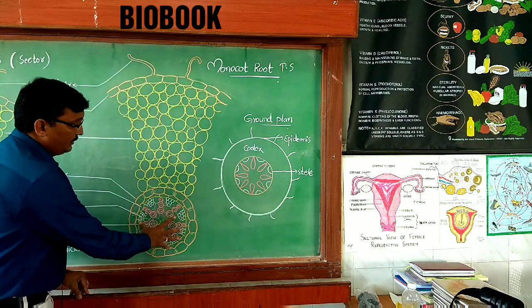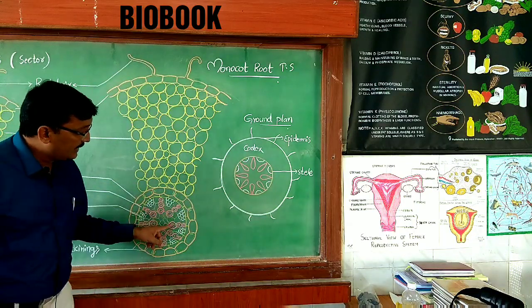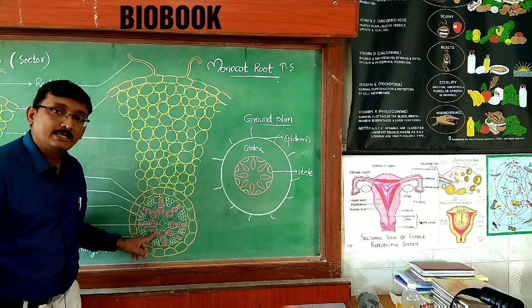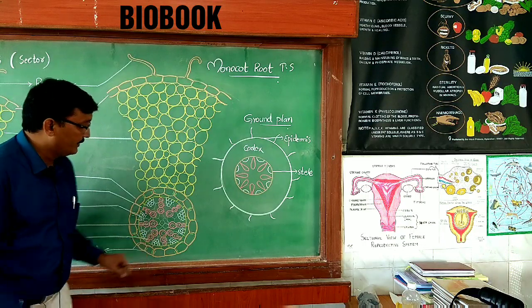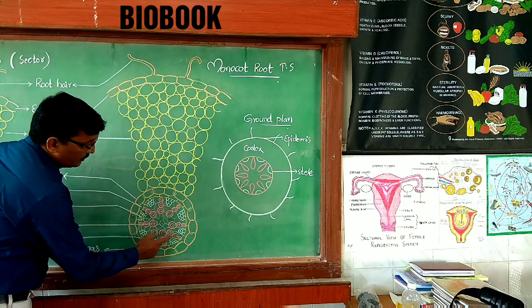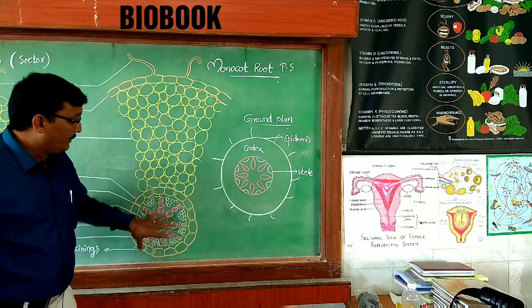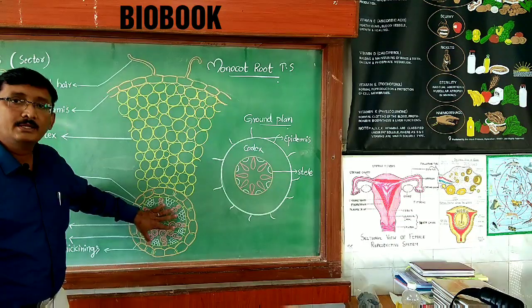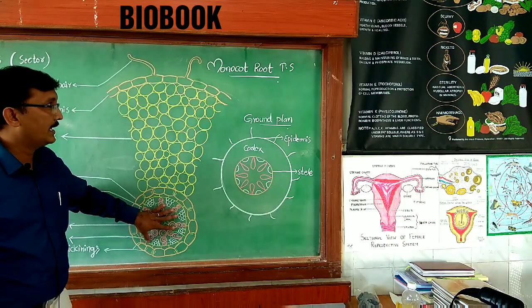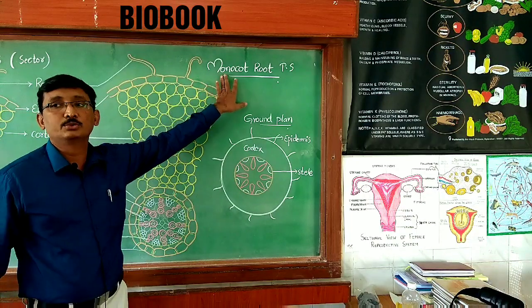And here if you observe, many xylem elements are arranged, xylem rays are arranged. If you count like this, 1, 2, 3, 4, 5, 6, 7, 8 xylem rays are there. So presence of 8 or more than 8 xylem rays is the characteristic feature of the monocot root.